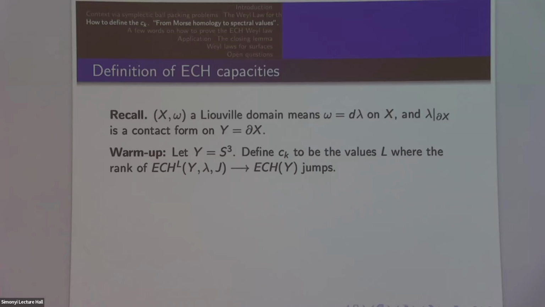Okay. Are there any questions about that? Because earlier there were a lot of questions about what these CKs are. In principle, there is even more information. You can take one L, another L, and compare. Yeah, there's a whole theory of what are called barcodes that builds on that. So instead of a spectral invariant, you can get a whole collection of barcodes. These spectral invariants will look like infinite bars, but you also get interesting finite bars, and those contain interesting information. There's actually a lot of information.